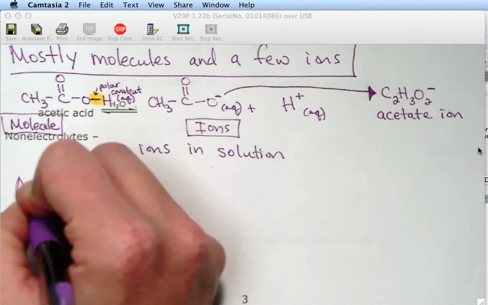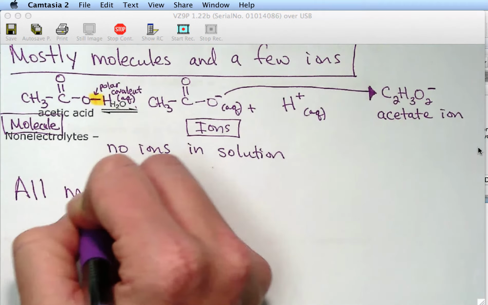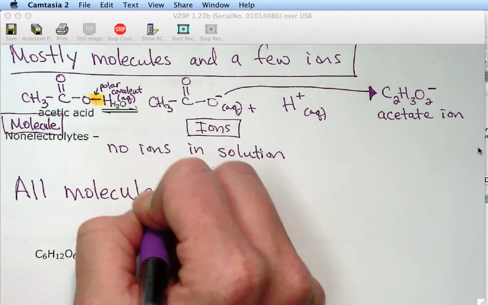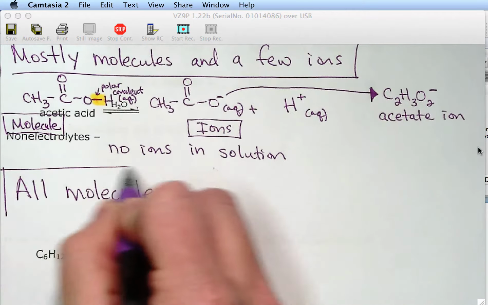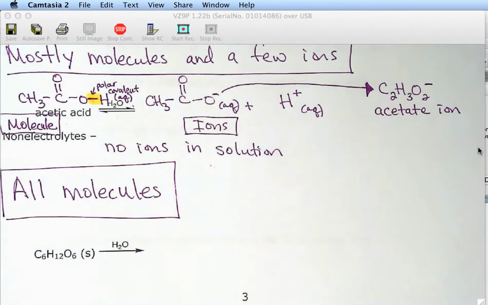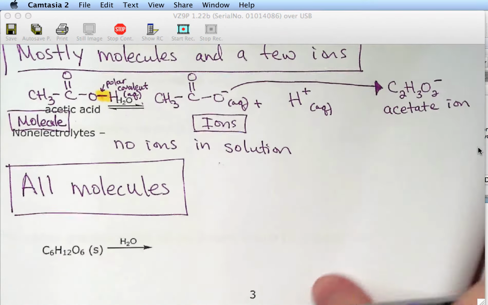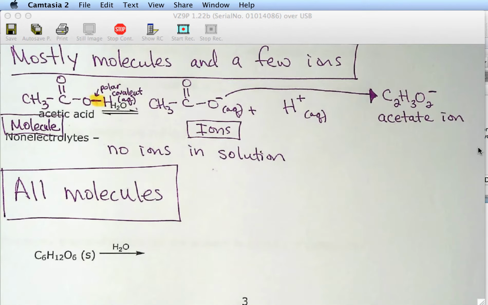These are all molecules. So if you had a choice, what solution to drop your hairdryer in? A non-electrolyte would be the best choice because it's not going to conduct very much electricity at all.